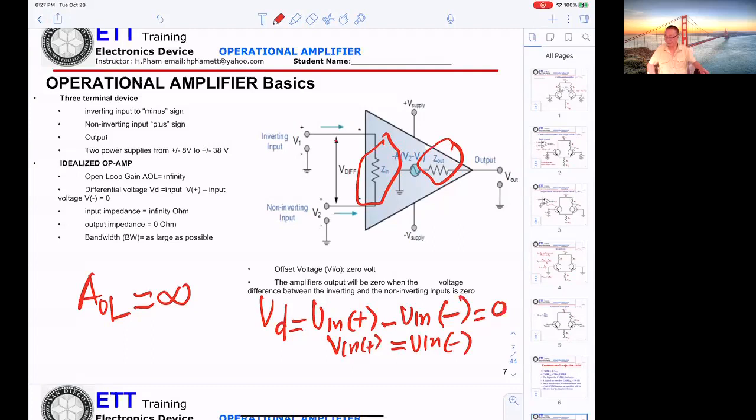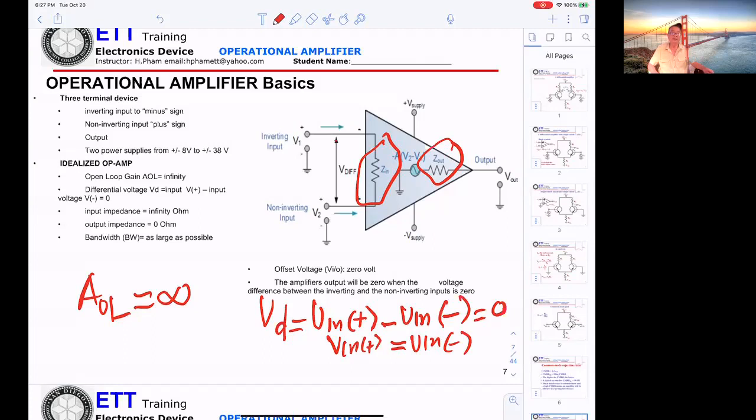Okay. Finally, this is just a definition. We cannot make anything up. I try to make sure you're able to understand. An op amp has only 3 terminals: 2 inputs, 1 output.